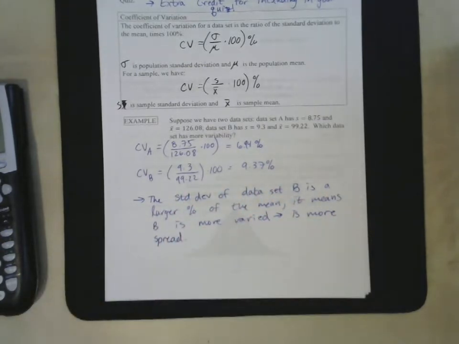So remember, all of these measures that we're calculating in this section are measures of dispersion. They're measures of spread. They tell us how far they spread out. So a higher coefficient of variation means a more spread out data set.